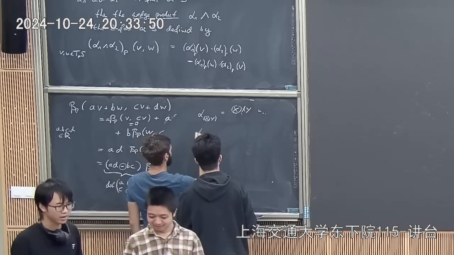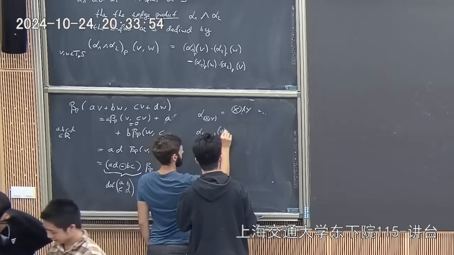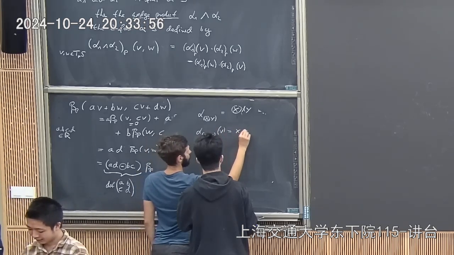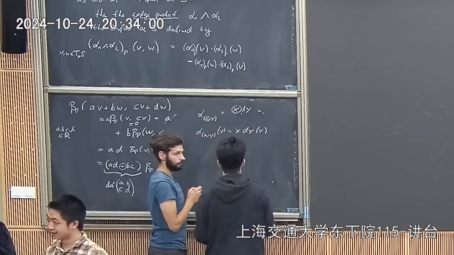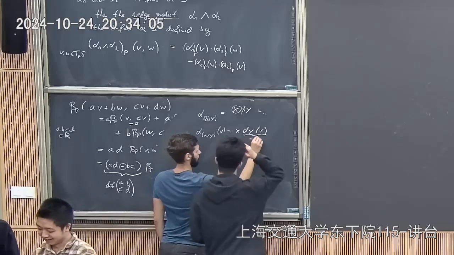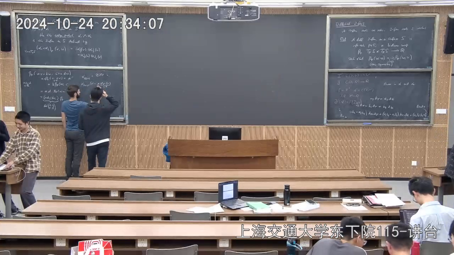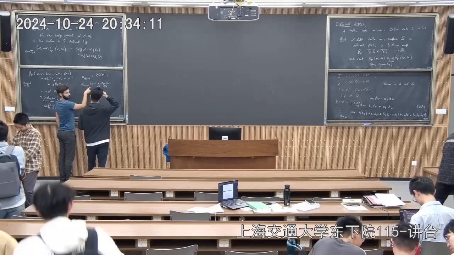So what we see is some integral equals x dy. In that case, this one is just a number, and this one is a number. So what we get in total is a number, and that's exactly this one.